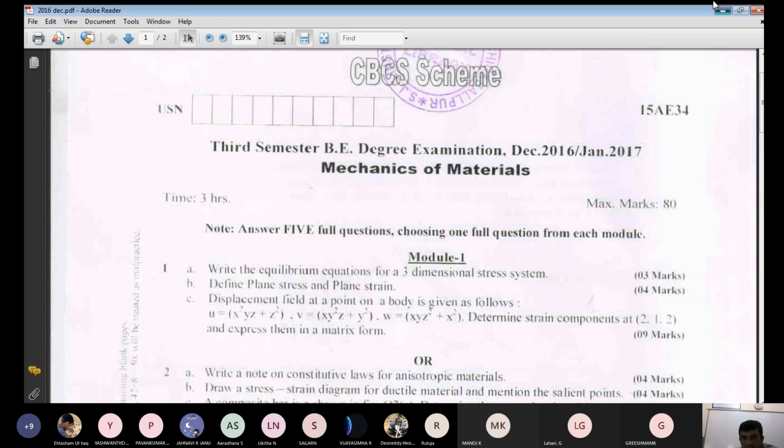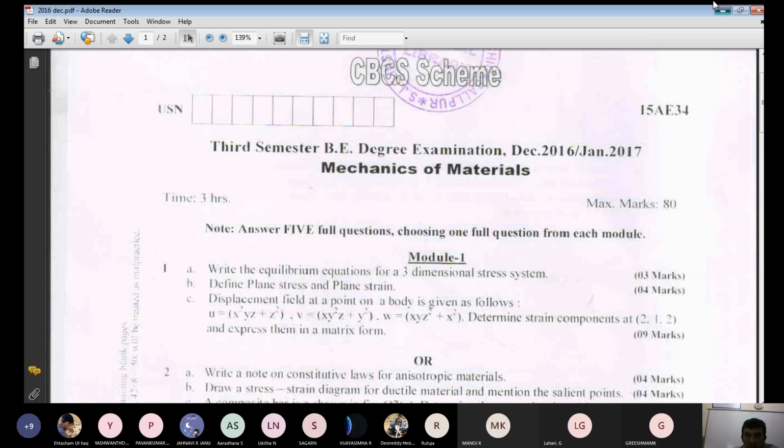Someone give a response. Yes, see in the PDF, the 3D strain-displacement relations. Use these equations: epsilon x is equal to du by dx, epsilon y is equal to dv by dy. First differentiate with respect to the corresponding variable, then apply the coordinate x, y and z values.